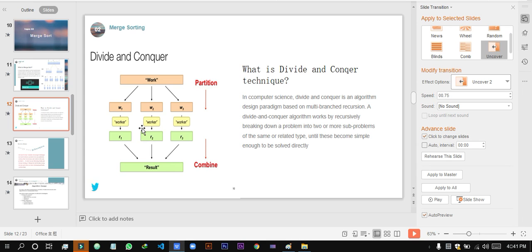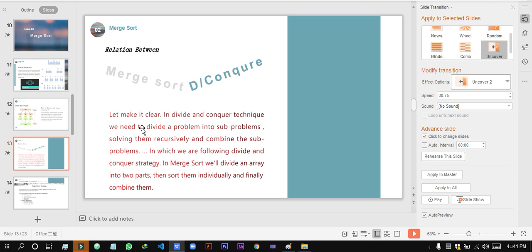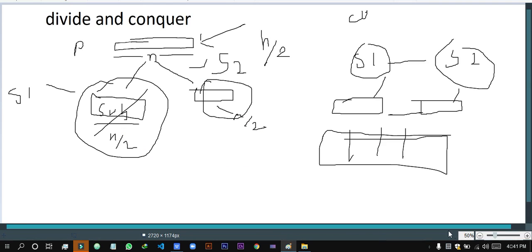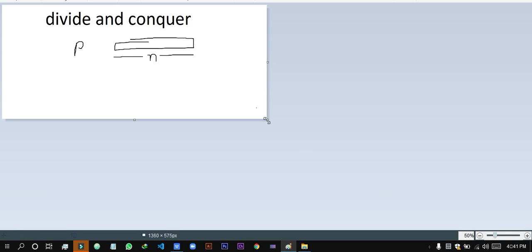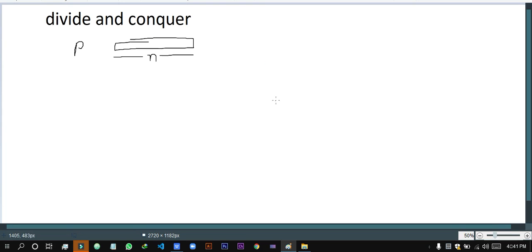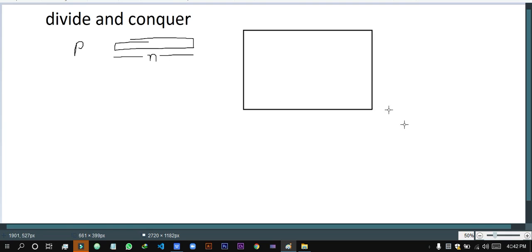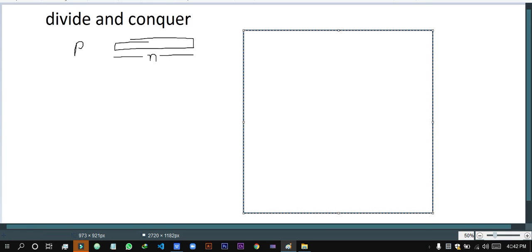So this is just an overview of divide and conquer. Let's move towards our slides. Relationship between merge sort and divide and conquer. Let's make it a bit easier for you.